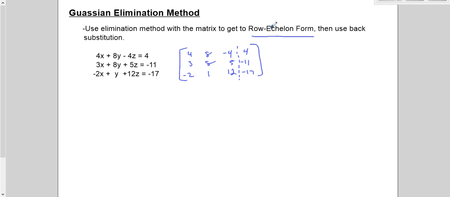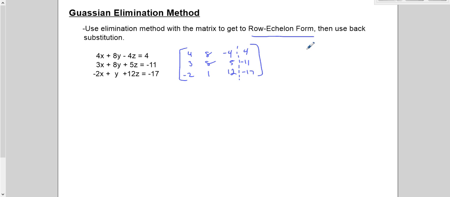Okay, so if you remember row echelon form, our leading entry had to be a 1. So we're going to start in the top left here and work our way down to get our diagonal ones. Remember, we want the diagonal to be 1, 1, and 1, straight diagonal. And then this bottom corner here is going to be zeros.